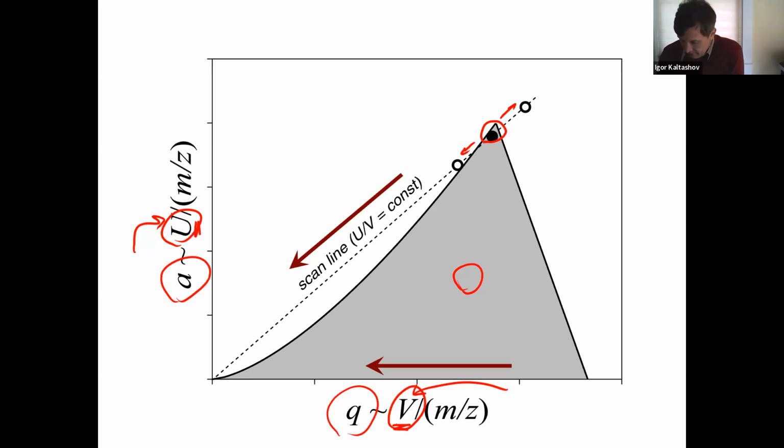Right, and then if I make the DC component 0, I will be here. And now I maximize the amount of ions that are stable, right? Only ions that have very low M over Z, ions in this region, would be unstable, right? And so this is another regime.